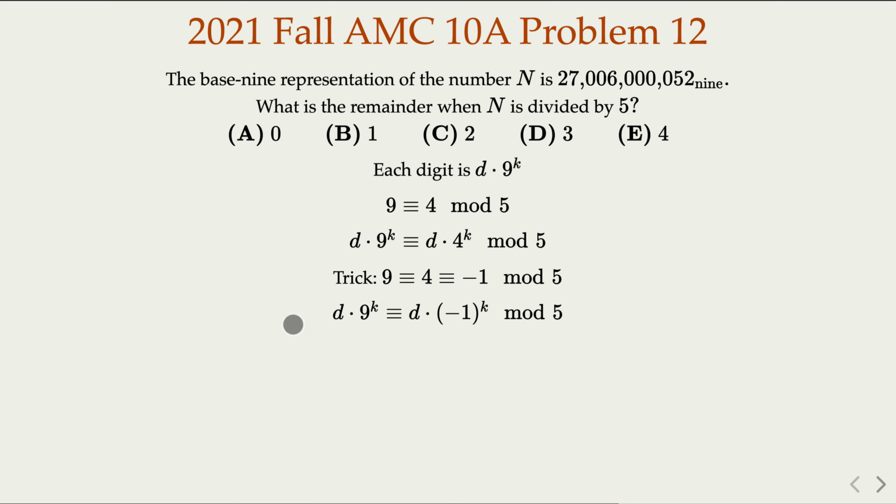So in order to find all the terms, you're going to use 2 times -1 to the 0th power plus 5 times -1, and you're going to use alternating digits. 2 is positive, 5 is negative, positive, negative, positive, negative.